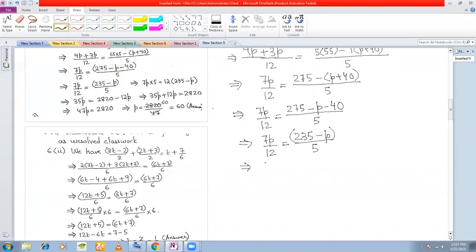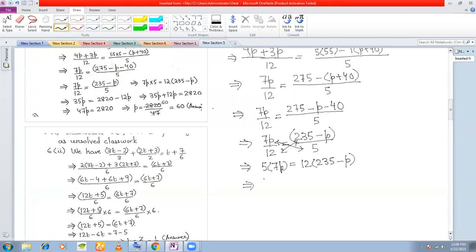Now you cross multiply. 5 into 7p, these two, and is equal to, now you multiply these two also, 12 into (235 - p).